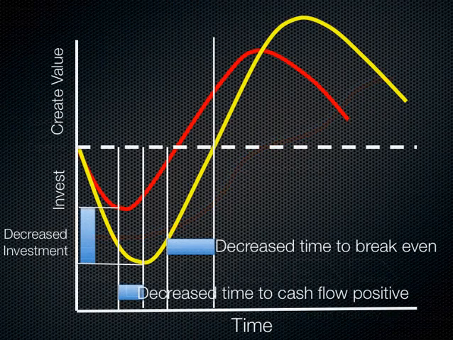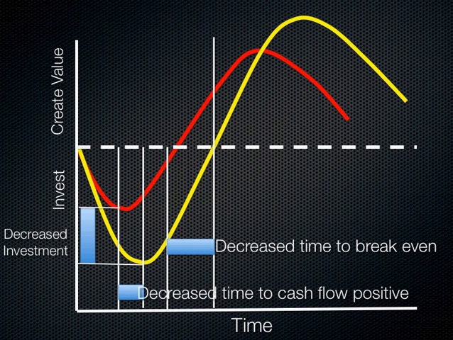Now, as I lay this model on top of another, we take a look at Linda Applegate's model. Notice in both the yellow and red lines that we start at a particular point on the curve, and we start measuring our investment. So as we invest in the IT, we're not making any money, and we can see that our investment is in fact negative.